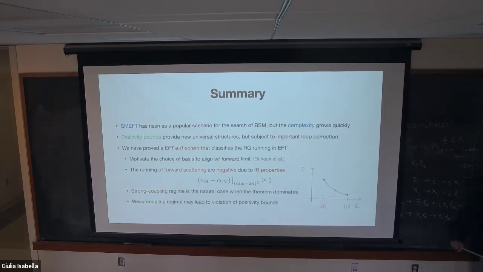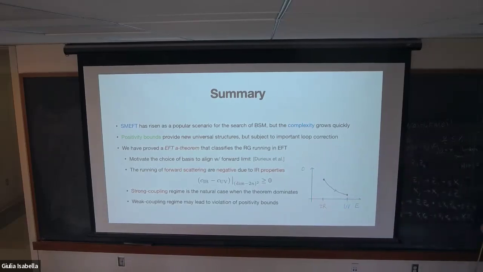So yeah, this standard model EFT has risen into a popular scenario for research in physics. But the price you pay is that you really have a huge complexity when you go to higher orders. Positivity bounds would in principle be great, but this loop correction is actually something important you have to examine.